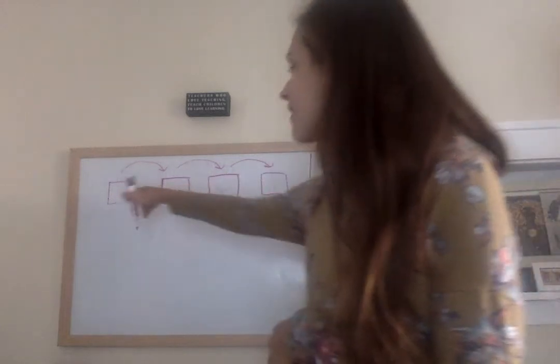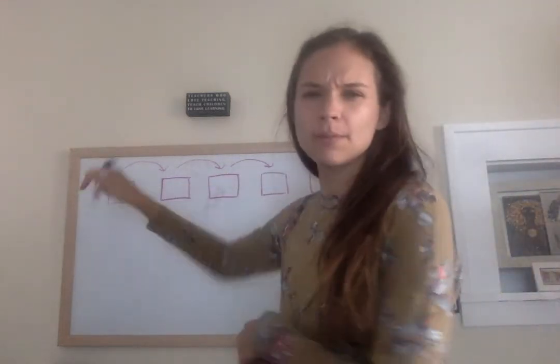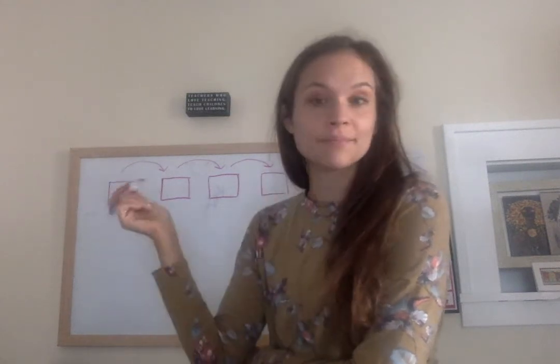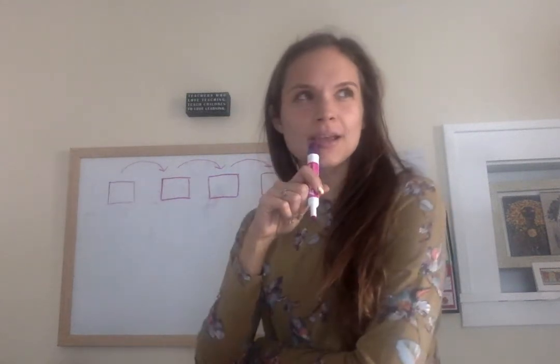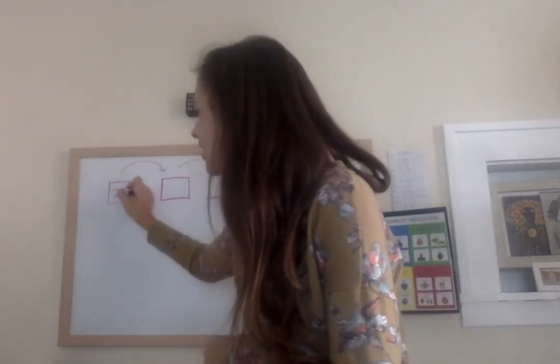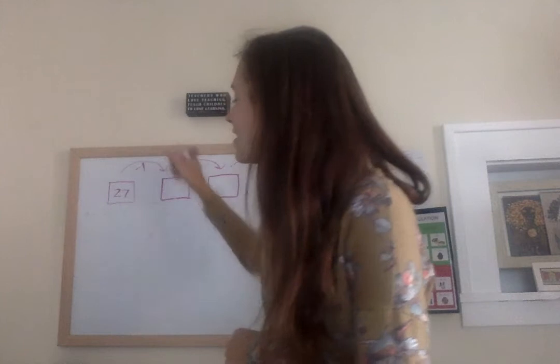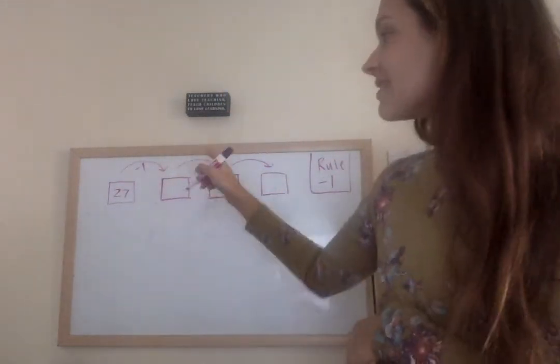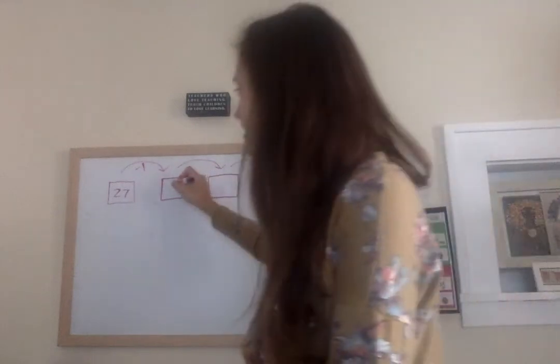So that means if I have a number here, maybe my number is 27. If I have the number 27 here and my rule is -1, I would have to subtract 1 from 27. 27 minus 1 would be 26.